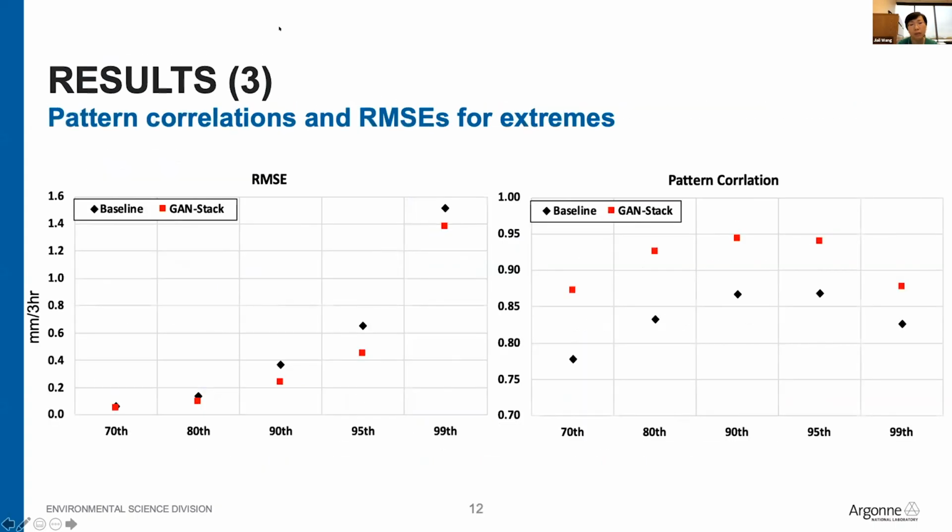And here we look at different percentiles from 70% to 99%. We compare the baseline and the GAN-trained CNN, and also look at the other CNNs. And you can see the RMSE is reduced and the pattern correlation is increased.